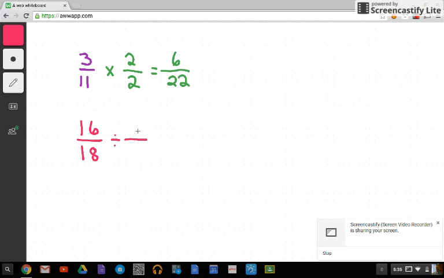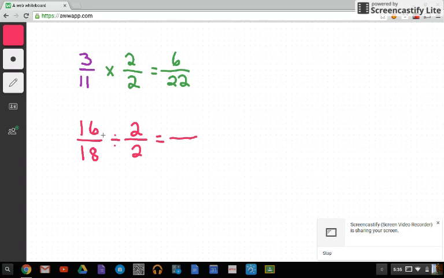So I happen to know that the greatest common factor here is going to be 2. Oops, I'm sorry. Yeah, 2. Yeah, I was right. Thinking I was mistaken, and I was mistaken.